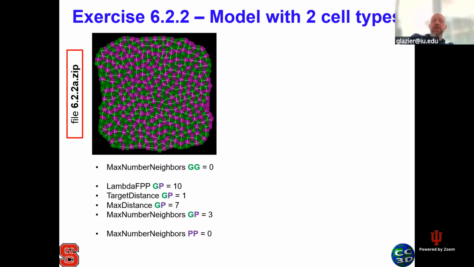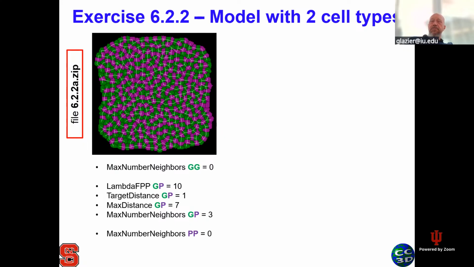Target distance green-purple is 1. That's very short. Maximum distance is 7. Max number of neighbors 3. Oh, this is a mixing one. This will be for mixing, so this will be exactly the opposite of what we're trying to do.